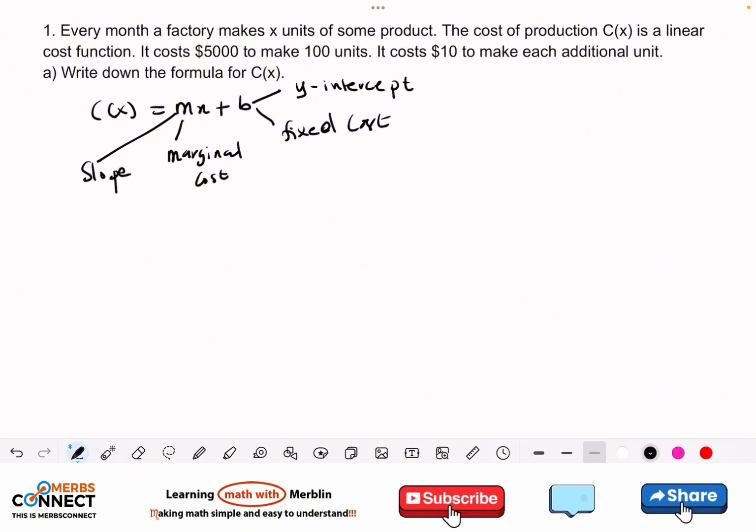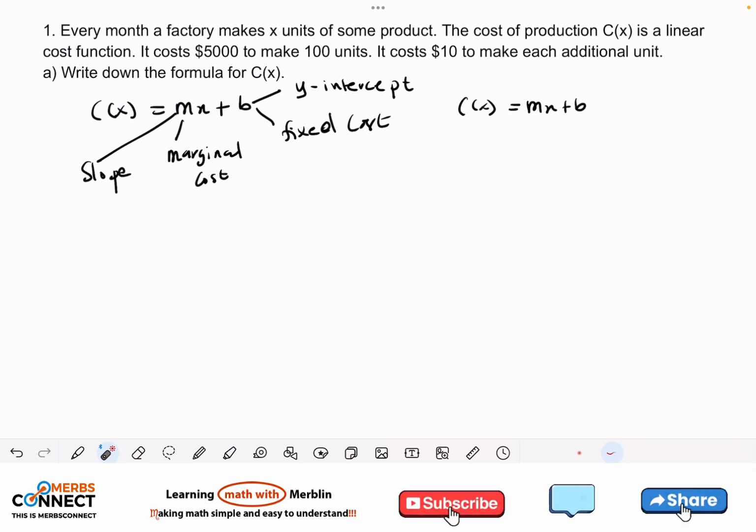So now that we have the cost function, which is equal to mx plus b, the question went ahead and said it costs $5,000 to make 100 units.